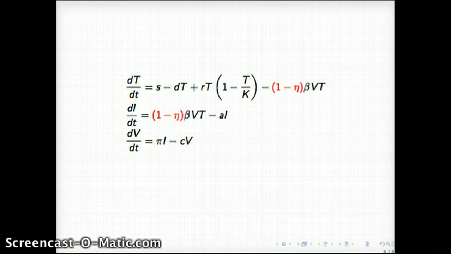So the model with treatment by means of inhibition of reverse transcriptase looks in this way. These equations are very consistent with the equations we had for a simple model of virus dynamics, but now we have this additional parameter that denotes the effectiveness of treatment.